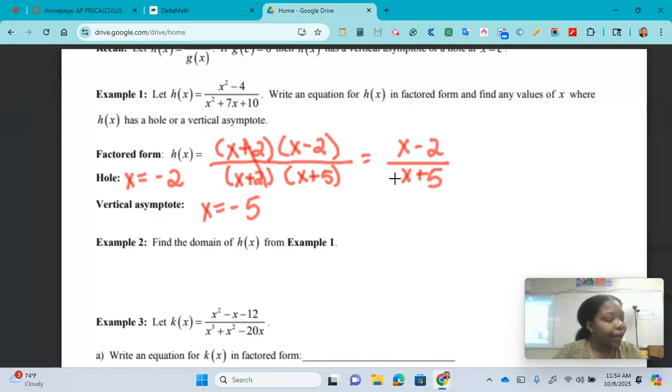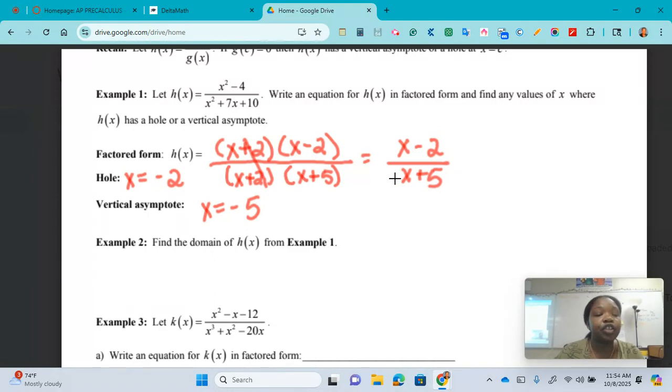Now it asks us to find the domain of h of x for example 1. We know that we have a hole at negative 2 and a vertical asymptote at negative 5, so we need to make sure that we stop at those locations.